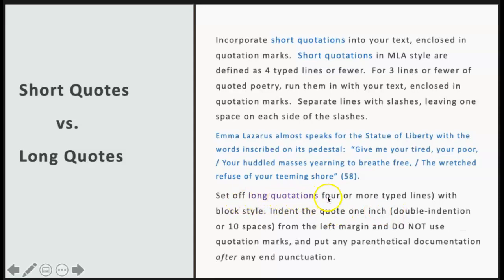You set off long quotes of 4 or more typed lines as a block. You're going to indent that double indentation, right, which is 10 spaces from the left margin. And if you are doing this block quote, remember you do not need quotation marks at the beginning or the end, but you will put that parenthetical documentation after any of the end punctuation. Remember, the block quote's the one time that the period comes before the closing parentheses.